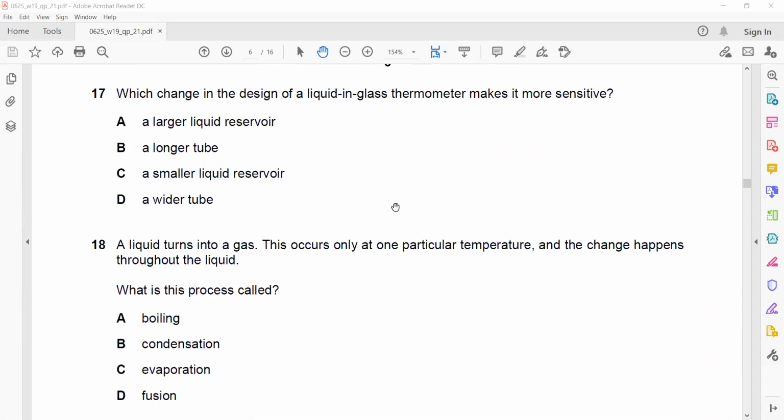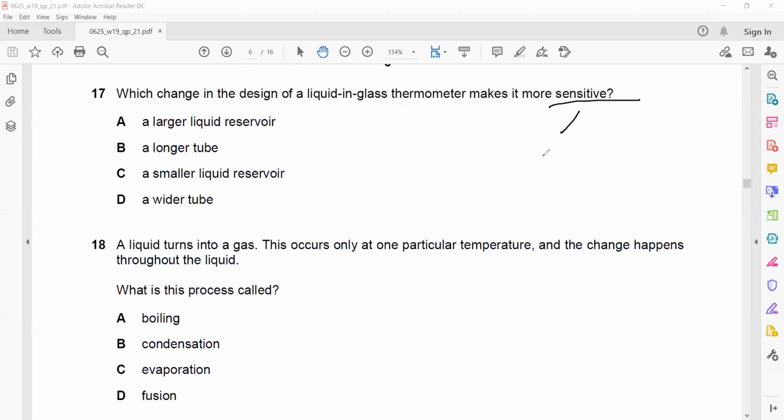Question 17. What is the right answer for question 17? How can we make a thermometer more sensitive?